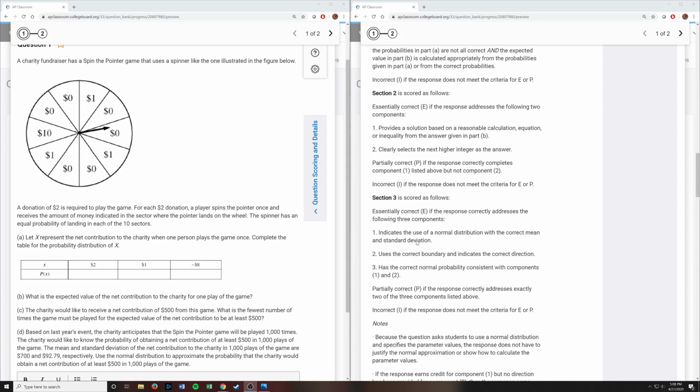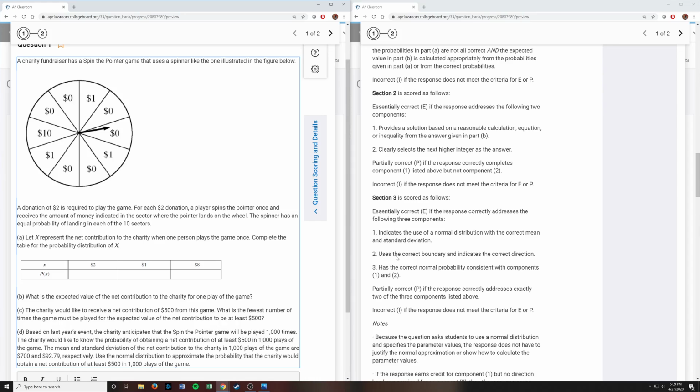So for the normal, you need mean and standard deviation. For T, you need degrees of freedom. For binomial, you need N and P. So you need to state that you have a normal distribution with a mean of $700, standard deviation of $92.79. Those came from the problem.